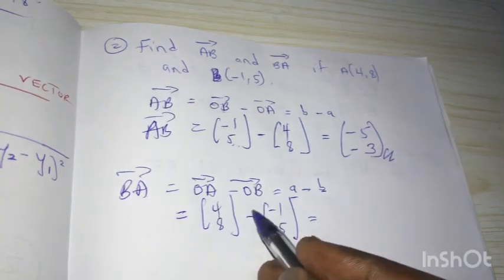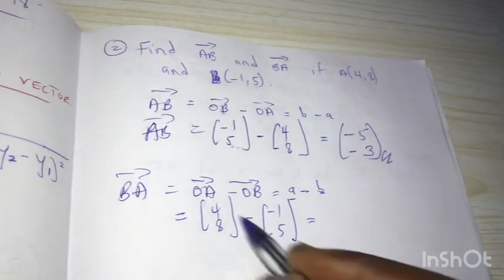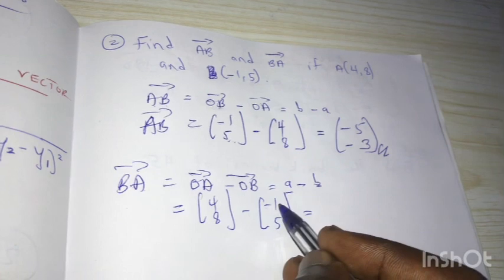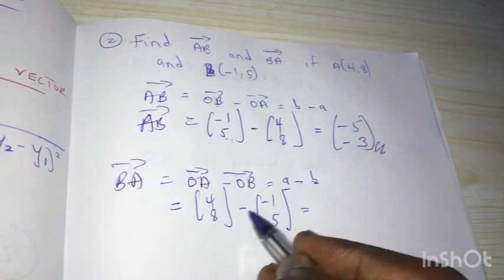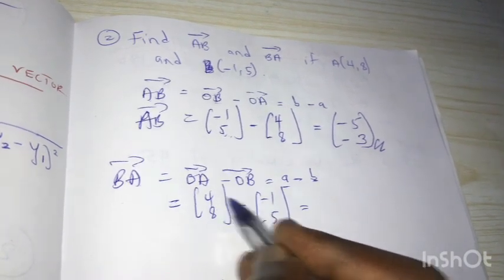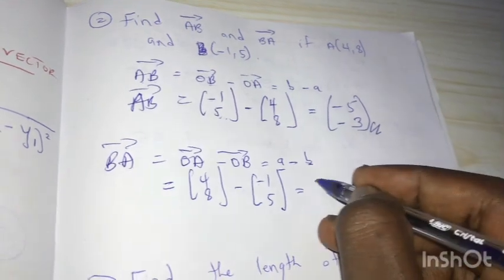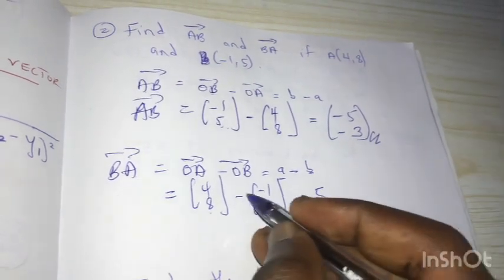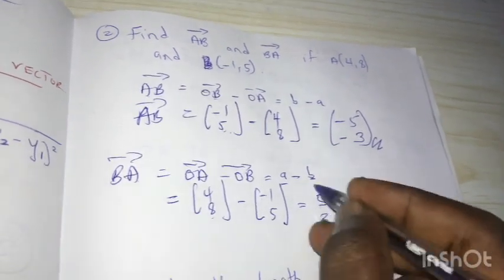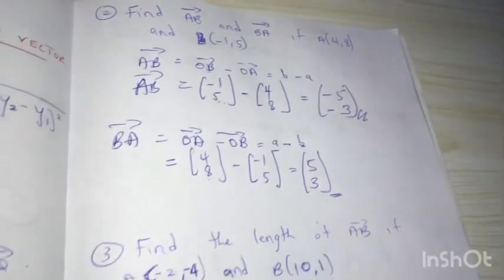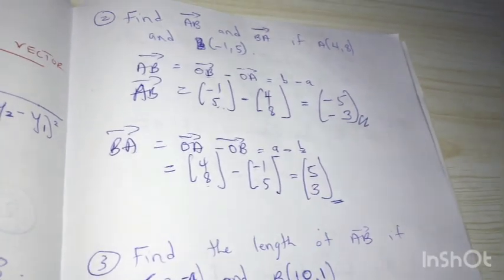Top minus top, down minus down. So 4 minus negative 1: when two negatives meet it becomes positive, so 4 plus 1 is 5. Then 8 minus 5 is 3. So that's all for BA.